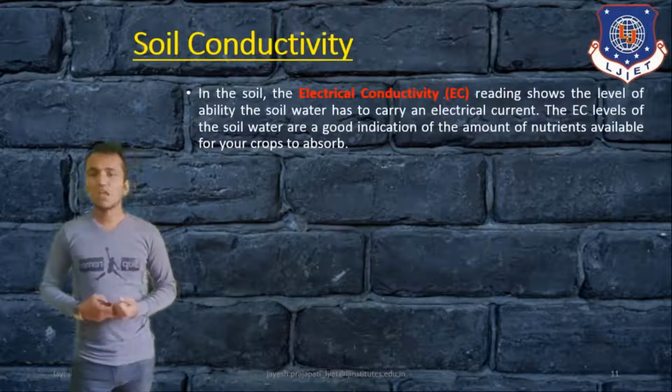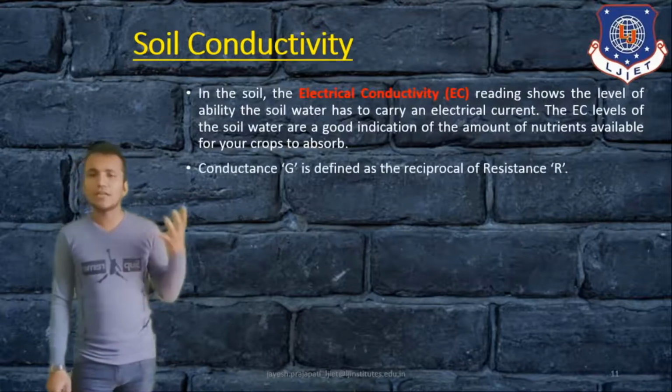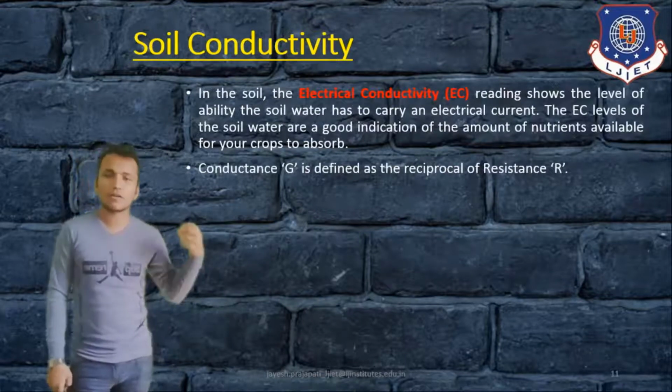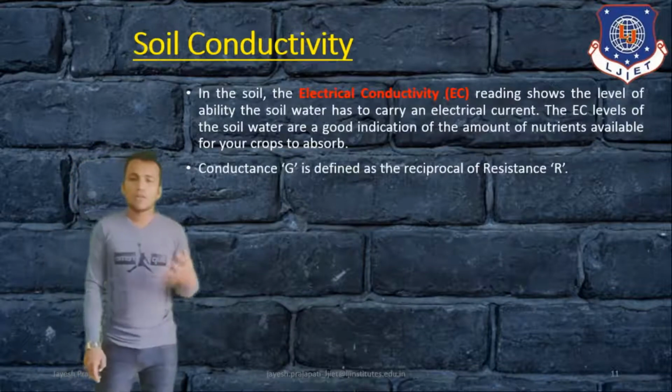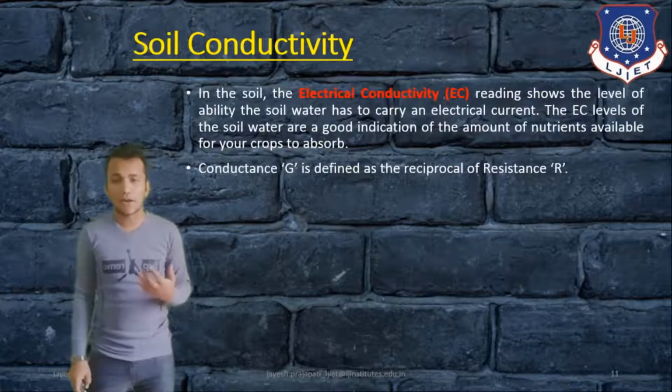Okay. Then the conductance: we already know the electrical formula for resistance and conductance. Conductance G can be defined as G equals 1 by R, that means it is the reciprocal of resistance.